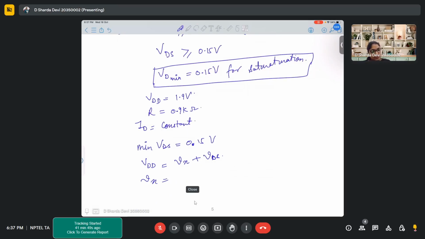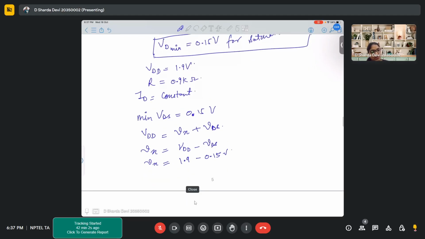So Vx will be VDD minus VDS. So Vx is 1.9 minus 0.15 volts. So Vx is 1.75 volts. So this is the maximum Vx that can be there.